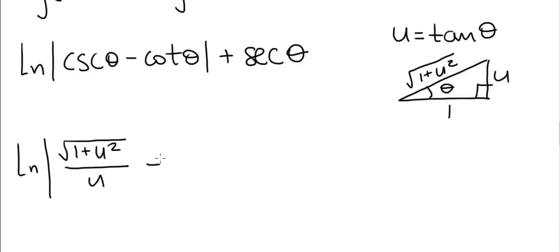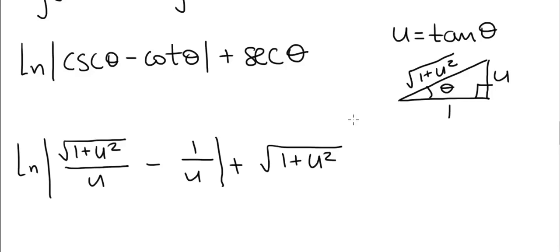Tangent is opposite over adjacent, so cotangent is adjacent over the opposite. That's 1 over u. Plus secant theta, and secant is hypotenuse divided by the adjacent, so that is the square root of 1 plus u squared. And now we want to evaluate this from 1 to e.